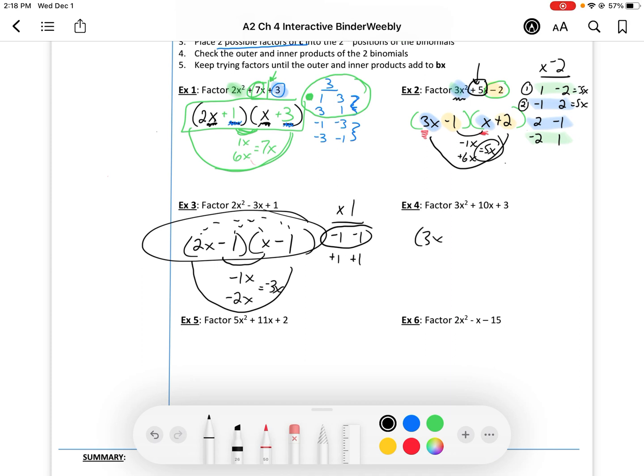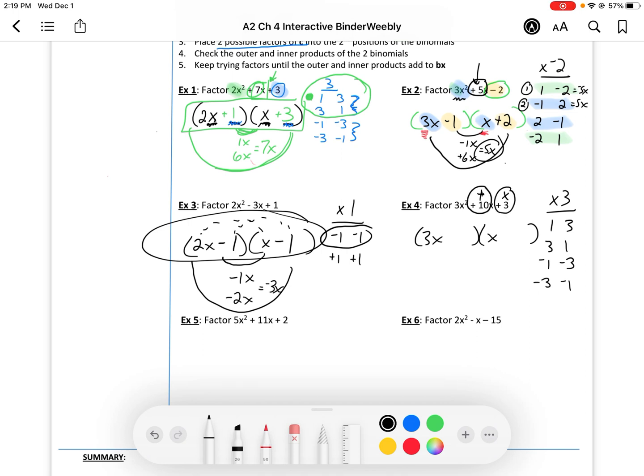Example number 4, we have 3x squared, so that's got to be 3x and x. Think about ways to multiply to 3, and, well, I'm going to write it down. Ways to multiply to 3 are this. But because we're trying to multiply to a positive and add to a positive, I know the signs have to be the same to multiply to a positive.